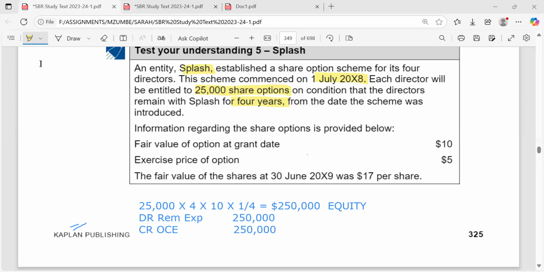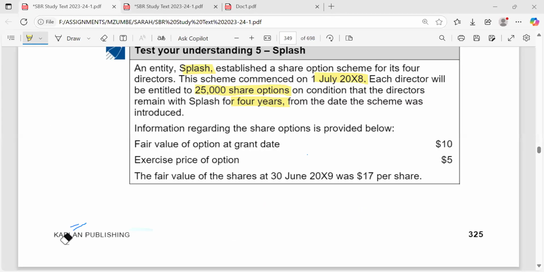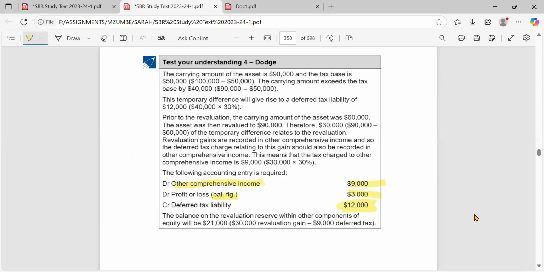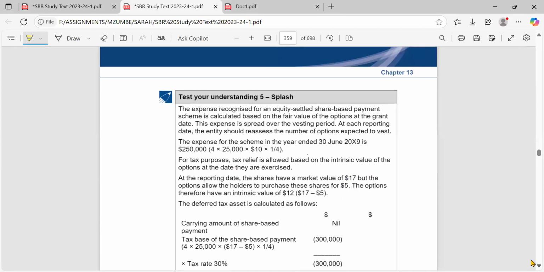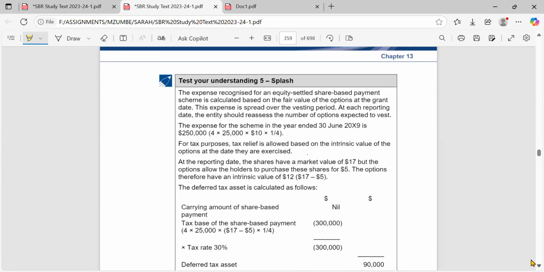Okay, let's just delete this and we go further. Here we are on Splash, right? So first of all, we'll come here on Splash. You have seen it and you have got the picture of how we usually do that, right? You can see it here.